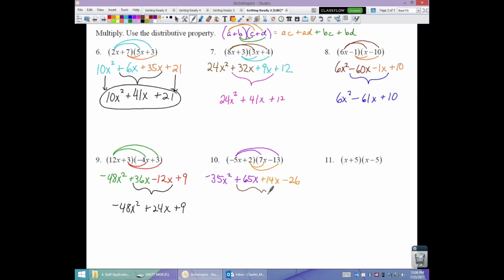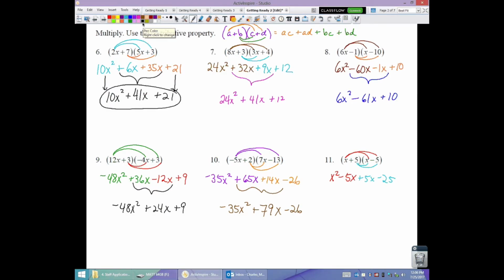Like terms in the middle, so negative 35x squared plus 79x minus 26. And the last one here in this set, x times x, x squared, x times negative 5, negative 5x. Distributing the positive 5, we get a 5x minus 25.